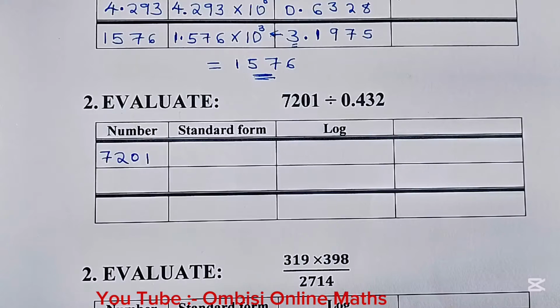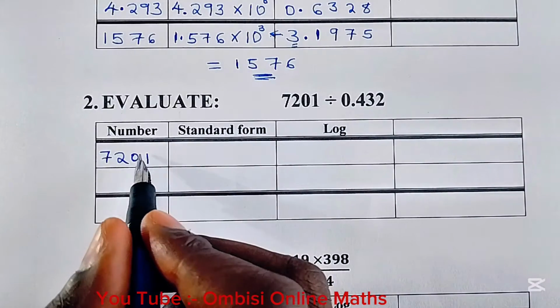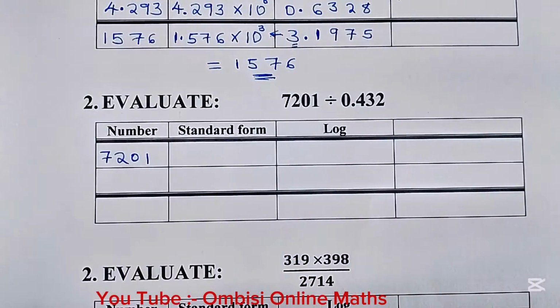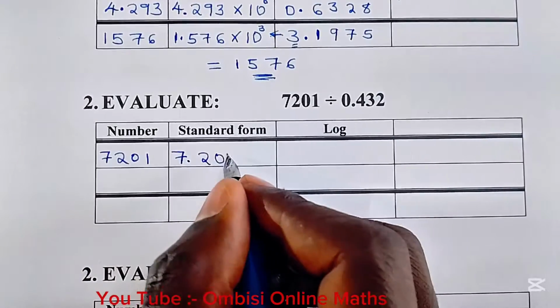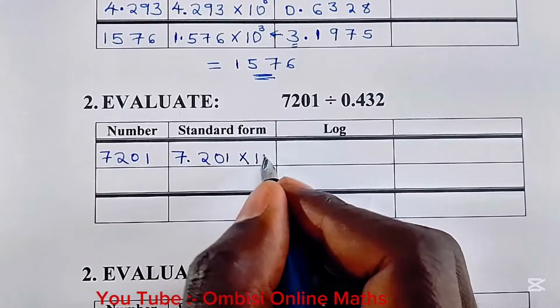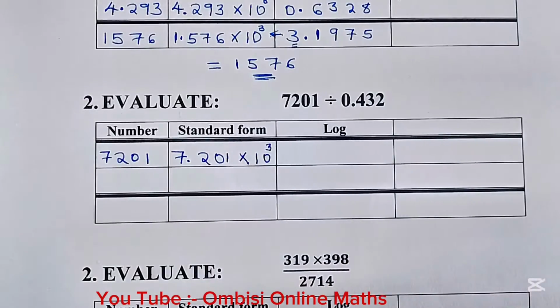This one is outside our standard form bracket, so you move the decimal point 3 steps backward. So this one translates to 7.201 multiplied by 10 raised to 3.